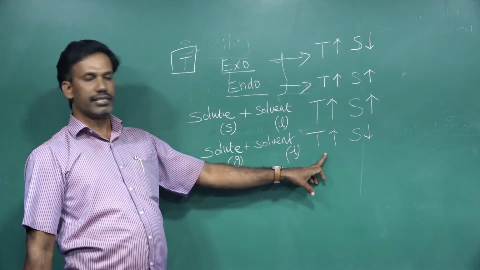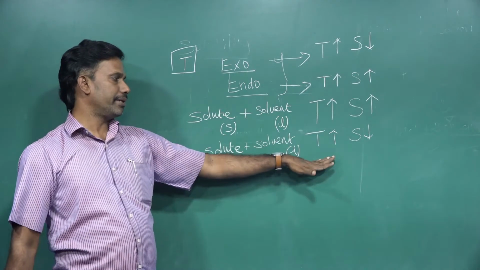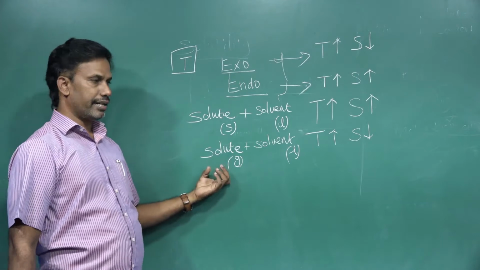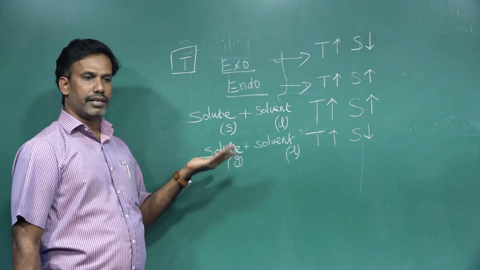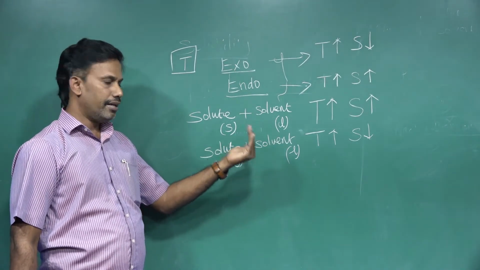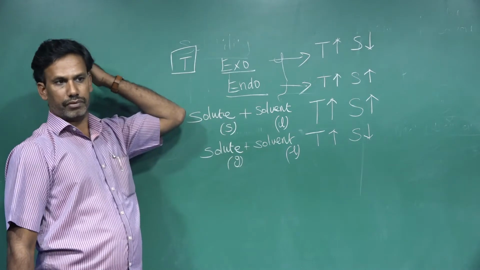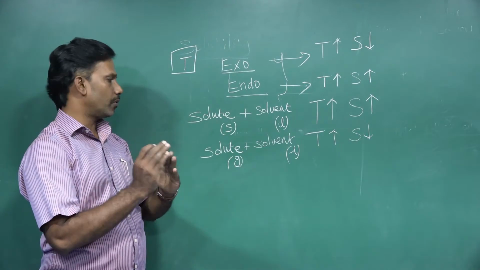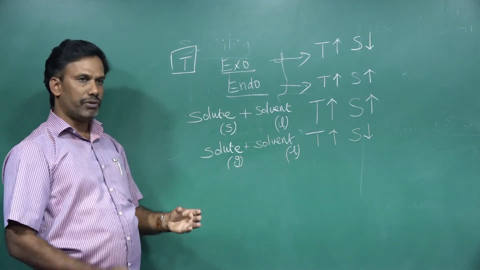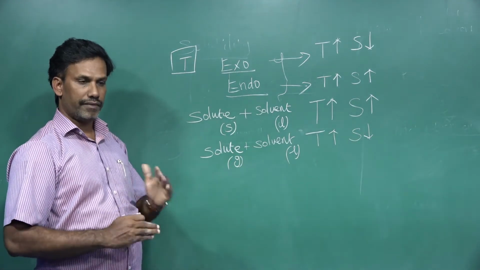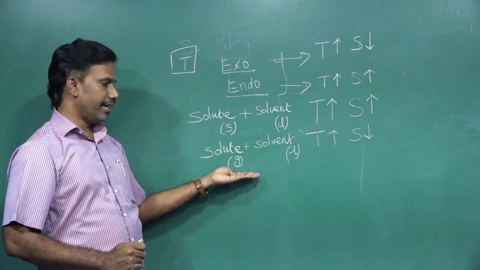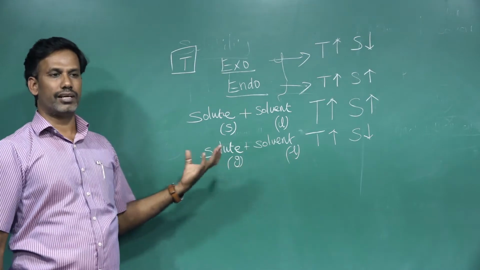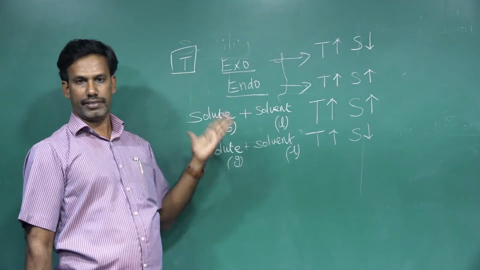If you increase the temperature, mostly solubility decreases. Why? Because the kinetic energy of the gas increases, and the gas easily comes out of the solution. It becomes free from the bonding. The intermolecular forces of attraction are reduced when the kinetic energy increases, so the gas comes out of the solvent and the solubility automatically decreases.